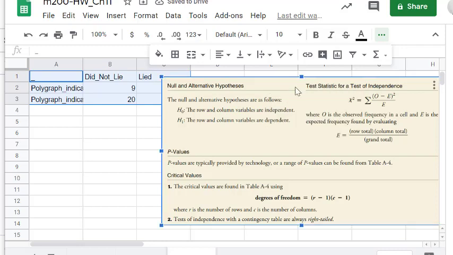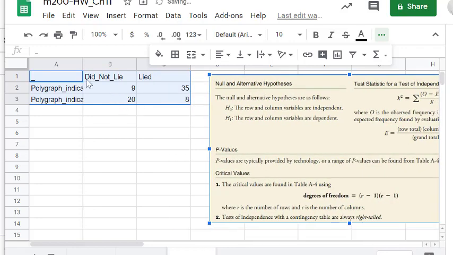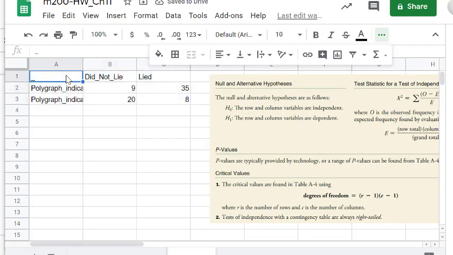Now, the formula that we need for the test statistic is the sum of O minus E quantity squared divided by E. And all we have right now are the observed values. So what I would like to do is maybe call this O for observed, or maybe just say OBS.